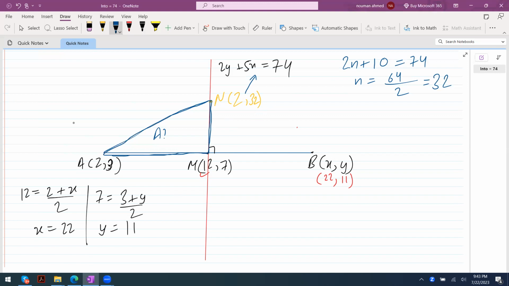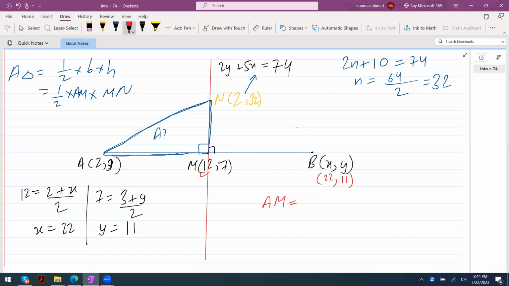What's the area formula? Area of a triangle is half into base into height. We know that this is also 90 degrees, so we can do 1 by 2 times AM times MN. Let's find them separately.